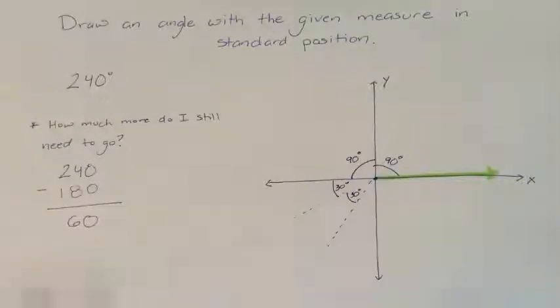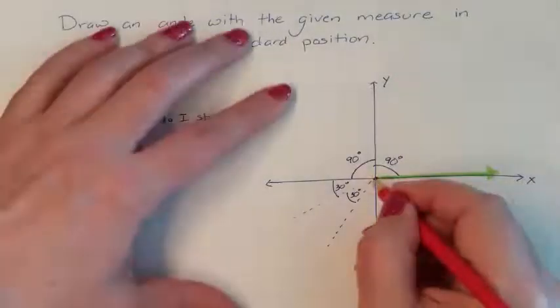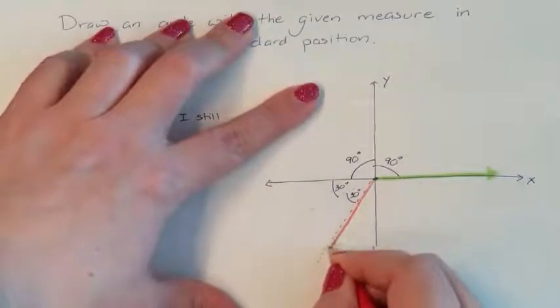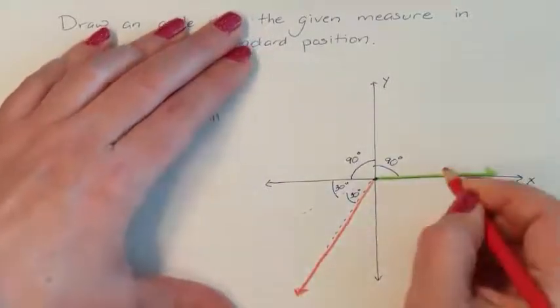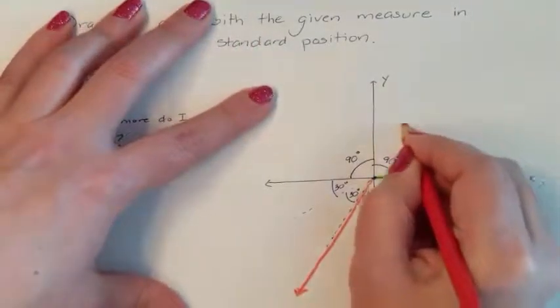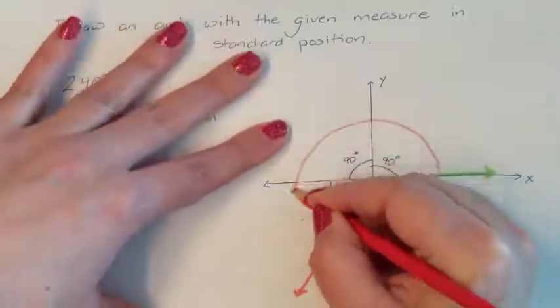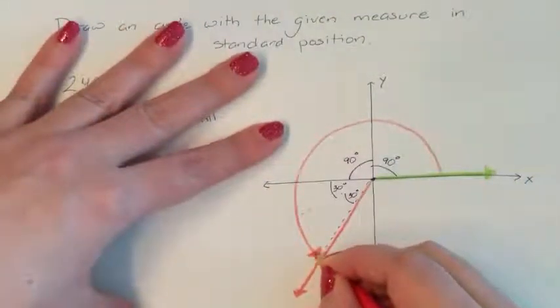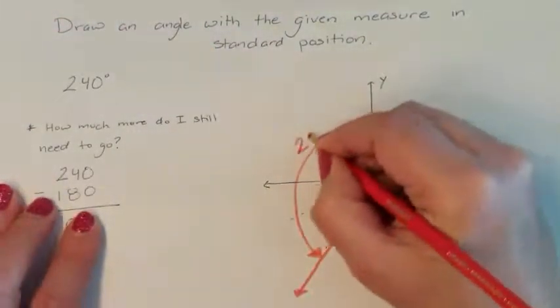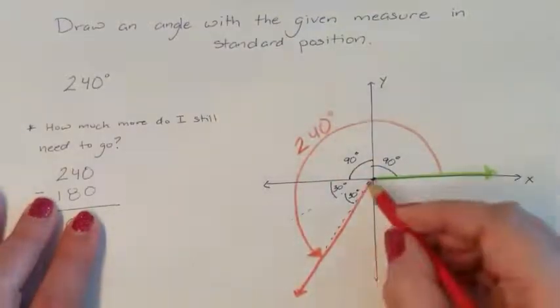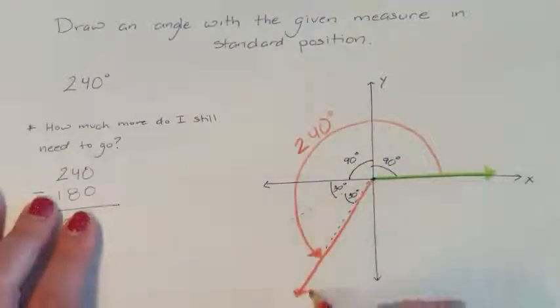So where does my terminal side end? My terminal side ends right here. So I started at 0, I went 90, 90 more, and 60 more, and I landed right here to travel a total of 240 degrees. This angle right here is my angle.